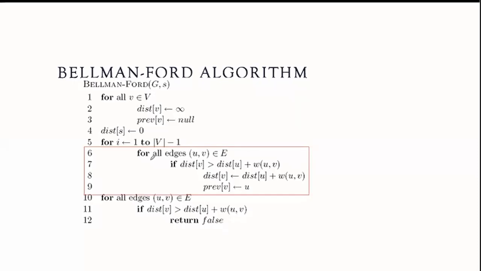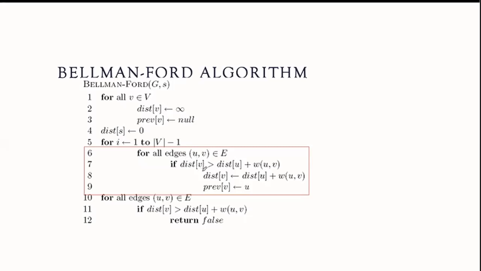Inside the for loop, in each iteration, you should check the distance of all the edges. If there are four vertices, it will take three iterations. In all three iterations, you have to check the weights of all the edges. How are we going to check? We will check the weight of all the edges and update the distance of that particular vertex. Consider edge UV.